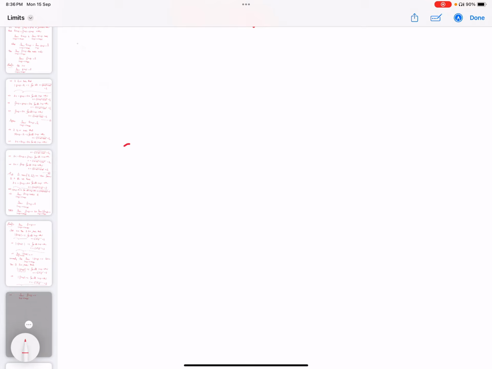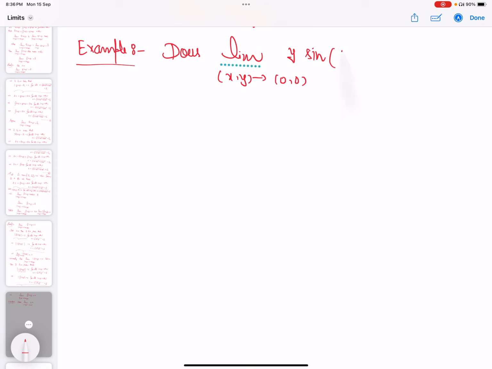So, example: does the limit as (x,y) tends to (0,0) of y sin(1/x) exist?